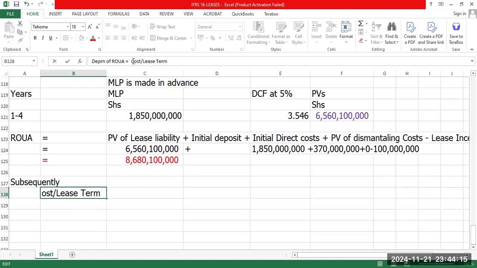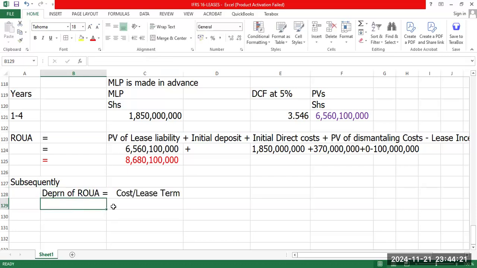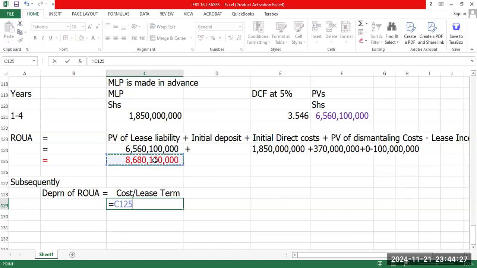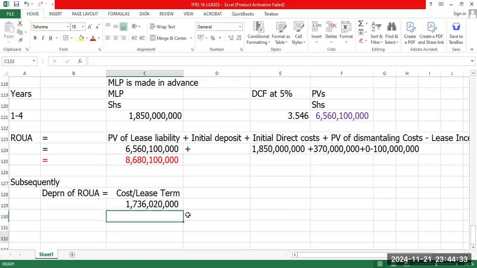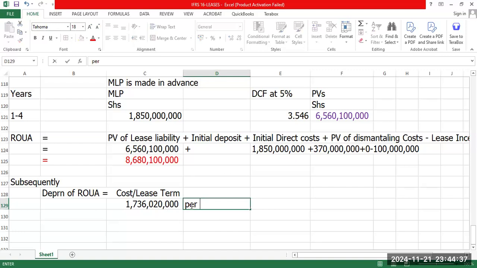Since there is no option to purchase, we use the shorter. So the cost is this one divided by the lease term, 5 years. That's the depreciation per year.